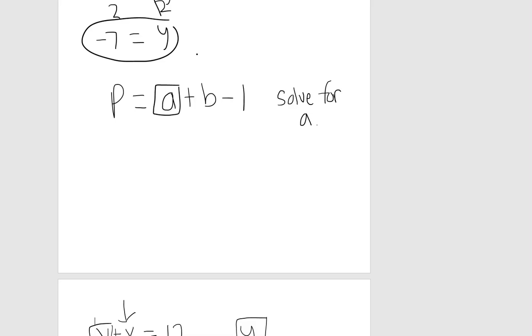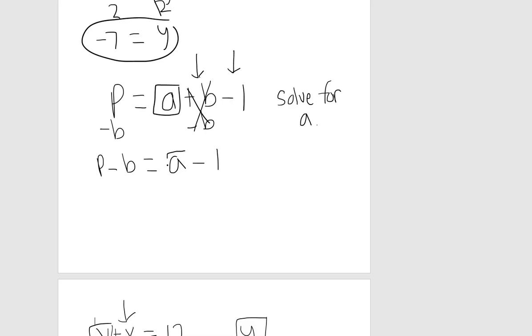In order for the a to be by itself, we're going to have to get rid of the addition of b. We're also going to need to get rid of the subtract 1. So to get rid of the addition of b, we do a subtract b, which we have to do on both sides. So now we have p minus b equals a. The plus b minus b cancels out, but we still have our minus 1.